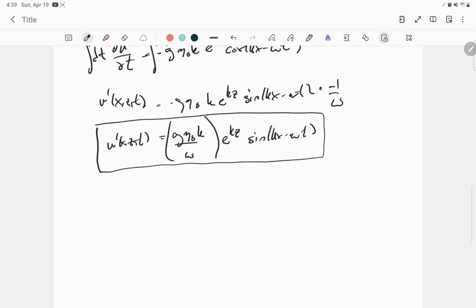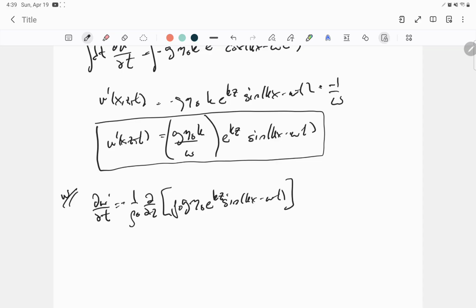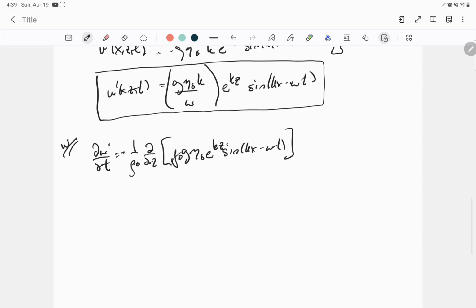And for w, very similar approach. So for w, we have dw dt equals minus 1 over rho naught d by dz of our formula for pressure, rho naught g eta naught e to the kz times sine kx minus omega t. And so again, our rho naughts are going to cancel. So we get minus g eta naught.